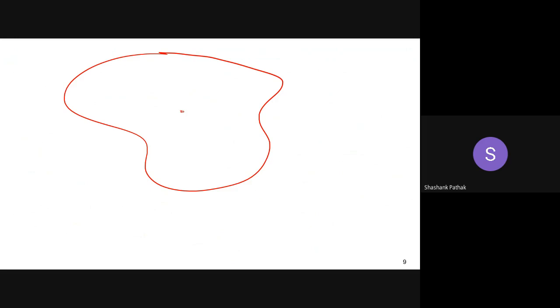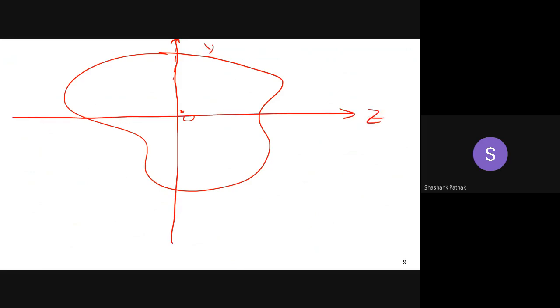First information, you know that the neutral axis is passing through this particular point O. And this is your y axis and z axis. The x axis is along the length of the beam. So basically, you know that the neutral axis is passing through O. What second information is required to locate the neutral axis?